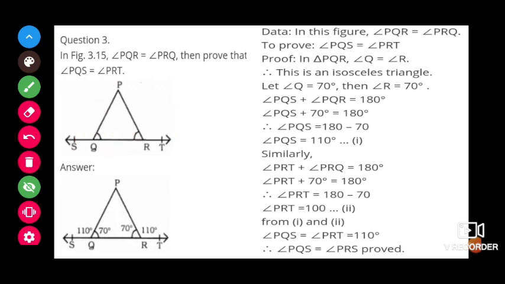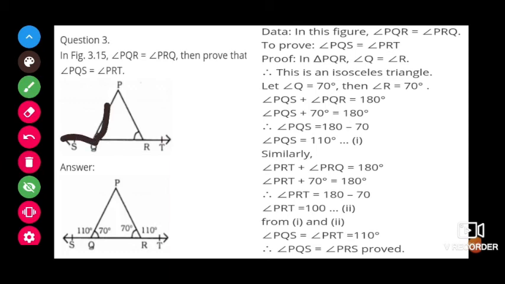How we will prove it: by assuming the equal angles to be 70 degrees. So let's take this angle as 70 and this angle as 70. As we already know, the entire angle is 180. Now we want angle PQS and PRT.